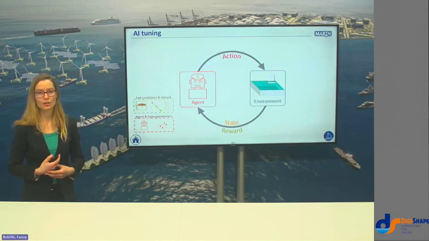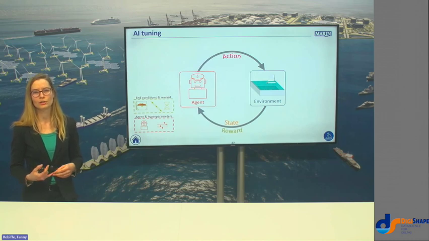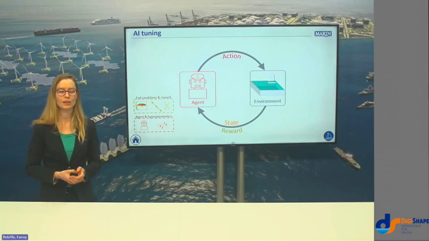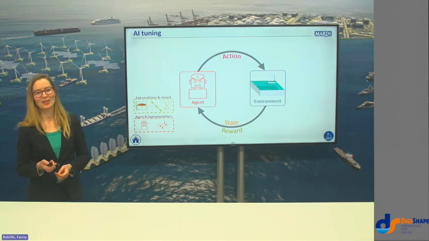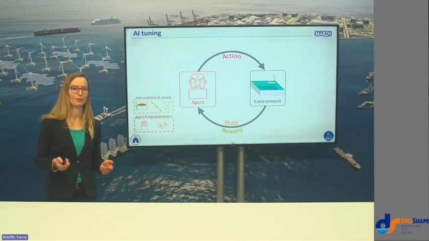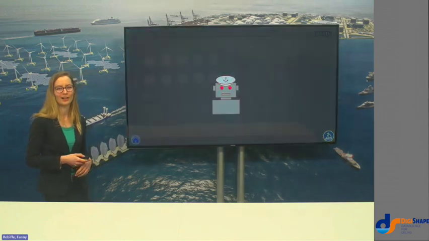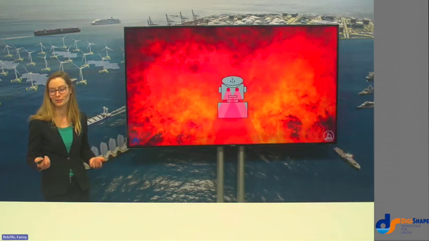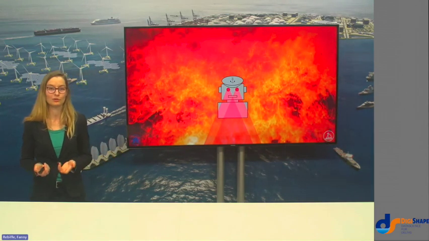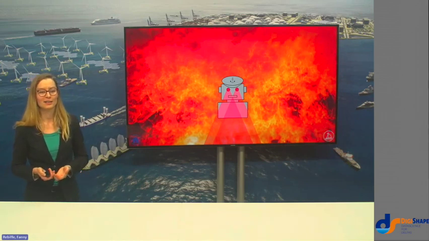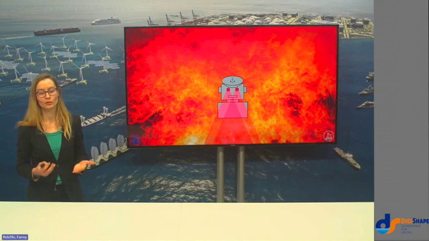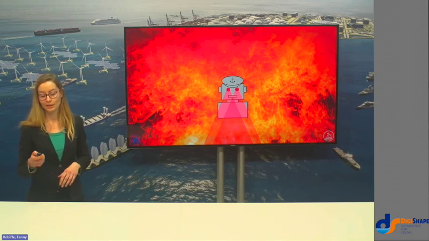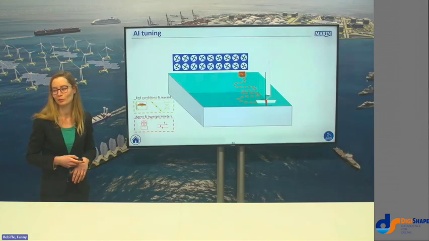So one of the challenges is to pick the right agent for the problem we have and the right hyperparameters. Another challenge is to design the rewards correctly and to select the proper end conditions. In movies, when things go wrong with AI, it's because AI is trying to kill us. Whereas in reality, when things go wrong with AI, it's because AI does what we ask it to do, but not what we want it to do. Let me give you an example.